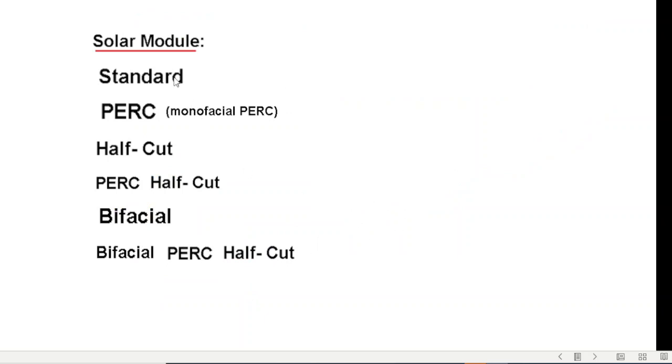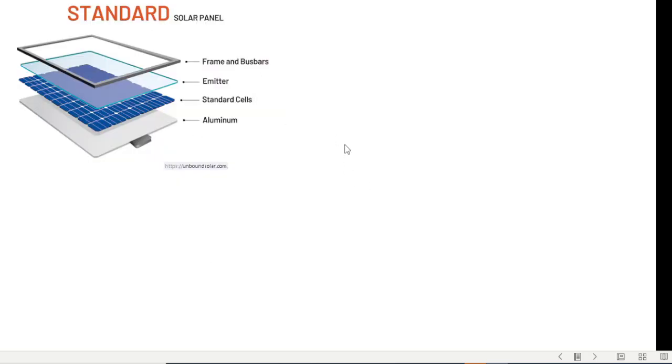Now there are various types: standard, PERC, half-cut, PERC half-cut, bifacial, and bifacial PERC half-cut. We'll discuss them briefly one by one. The standard solar panel is basically the solar cells arranged with a glass on top and an aluminum rear body, secured with the help of a frame.